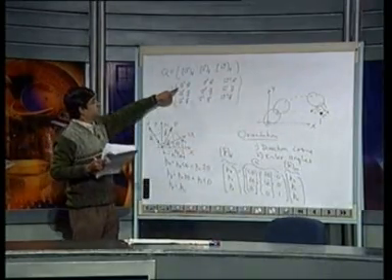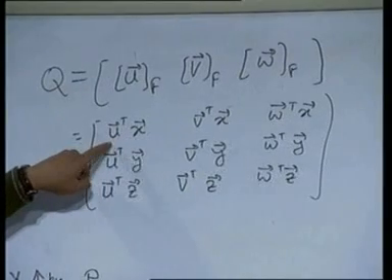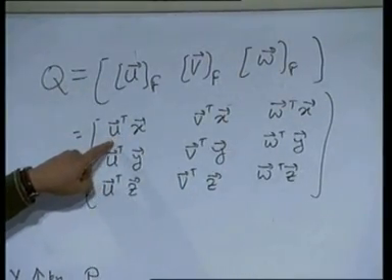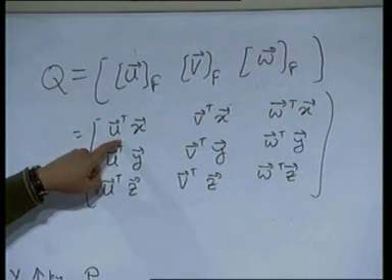What is the meaning of this transpose here? A transpose B is nothing but the projection of one vector on another.